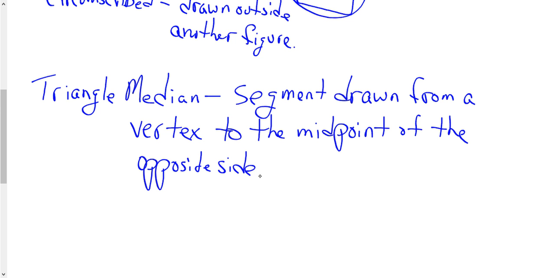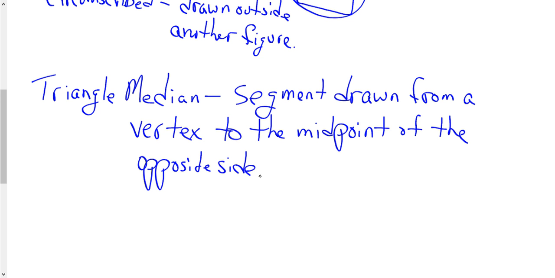So let's say you had to construct a median in a triangle. You know it goes to the midpoint of one of the sides, so what construction will you do to find that midpoint? Perpendicular bisector, but not drawing it, right? Because that'll help you find the midpoint, and then you just connect the line.